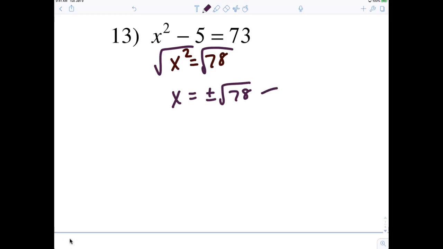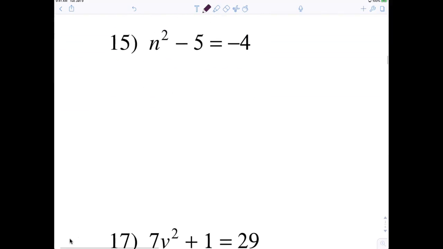And then I want everybody to say 78 is 2 times 39. 39 is 3 times 13. So none of them are perfect squares. So it's just plus or minus the square root of 78. Everybody good? Told you, easy day. All 3 days are easy.